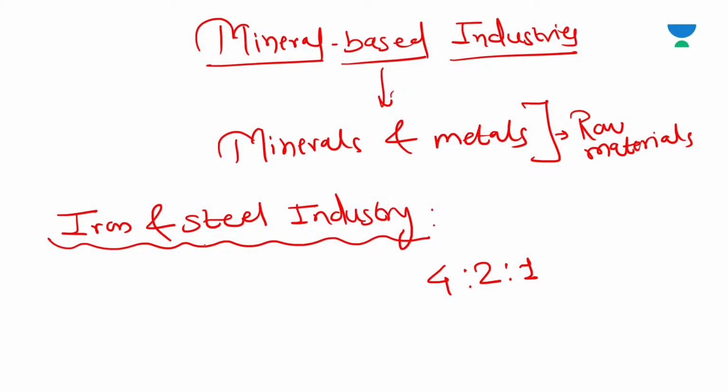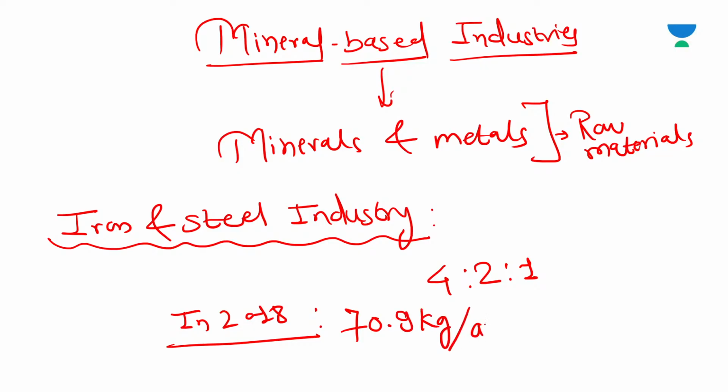In 2018, per capita consumption of steel in the country was only around 70.9 kg per annum against the world average of 224.5 kg.